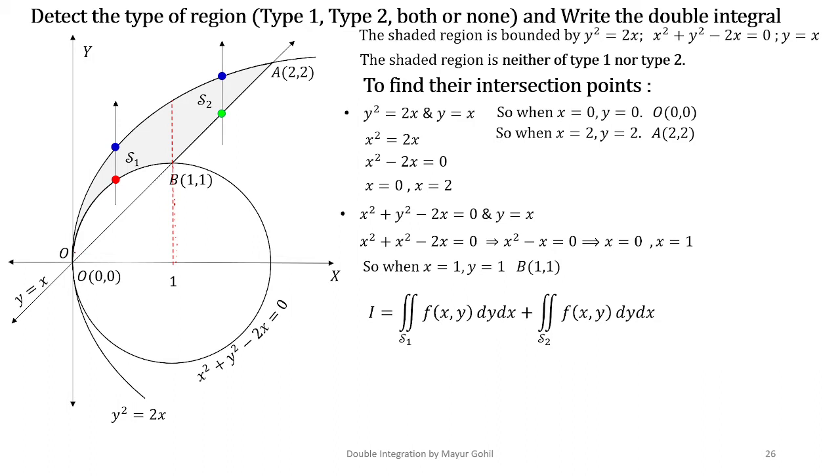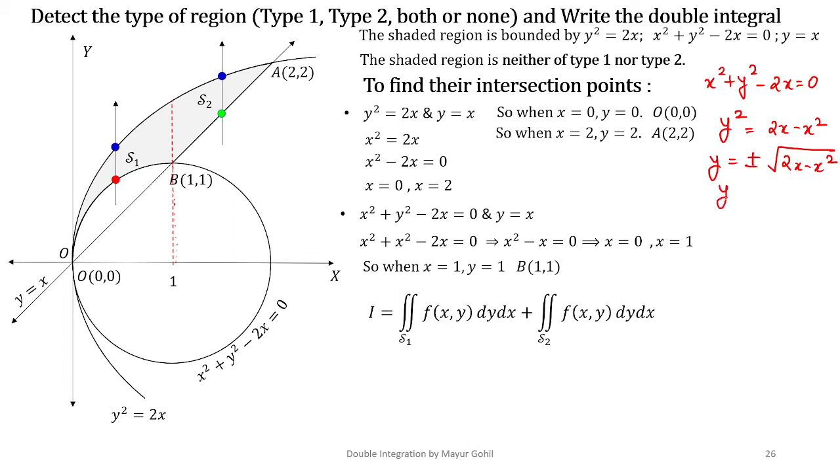Now when we are writing the double integral for S1, we need to understand the entry point in terms of the equation of y equals to something. So the equation of the circle is given to us as x square plus y square minus 2x equals 0. We will write this as y square equals 2x minus x square, and then y becomes plus minus square root of 2x minus x square.